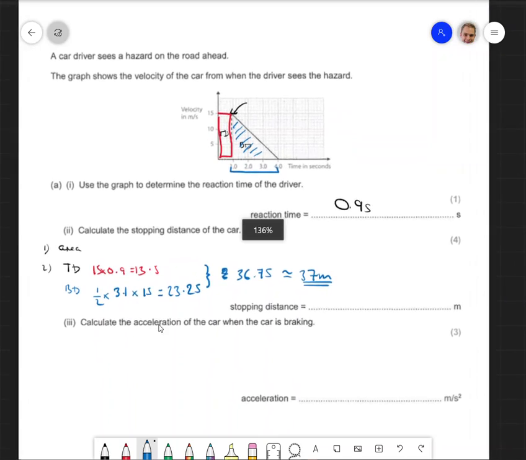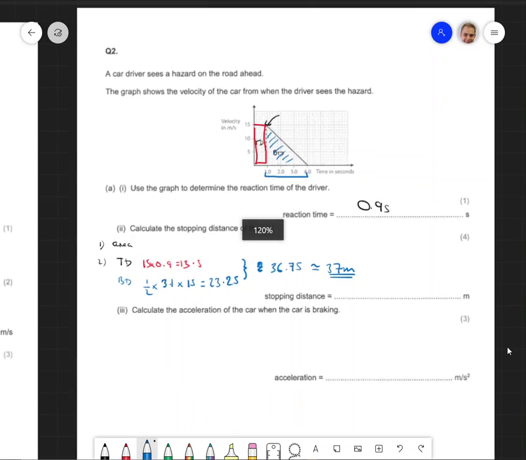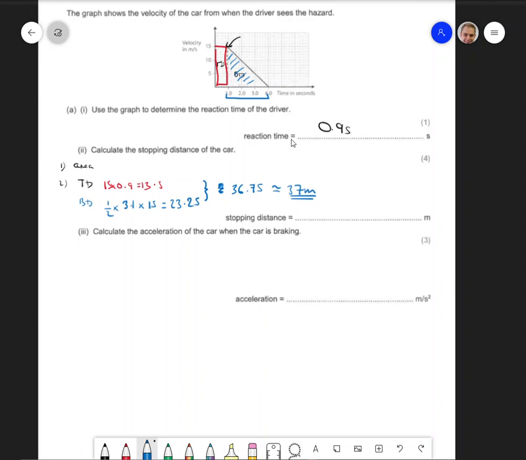Calculate the acceleration of the car when the car is braking. Who else has done this? So acceleration is the gradient, okay, and so acceleration is equal to the change in speed over the time, which is v minus u. What's our final speed?